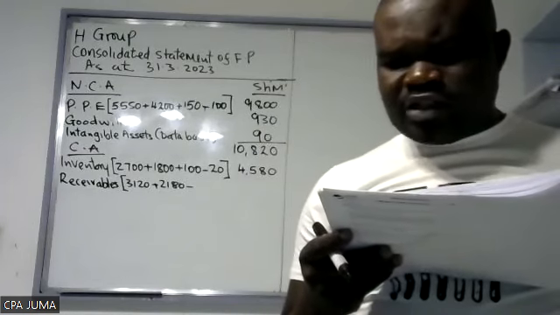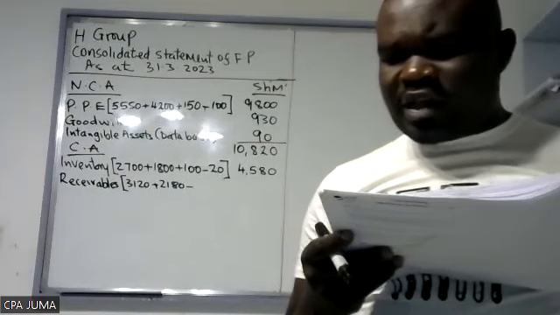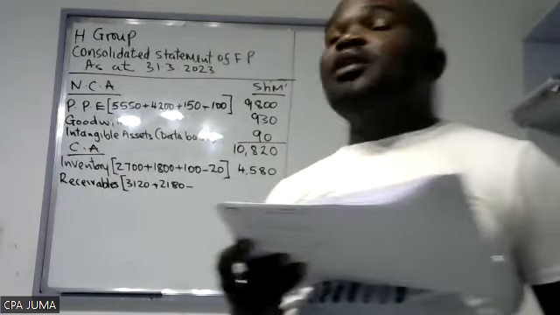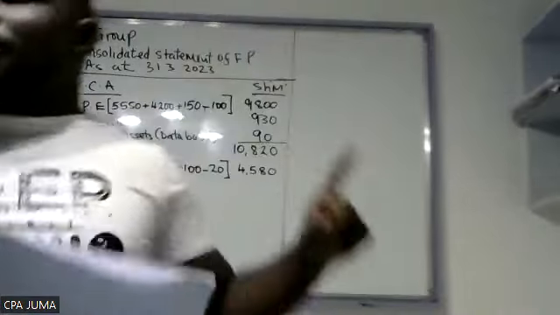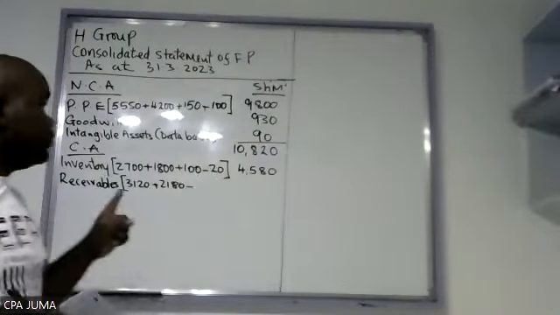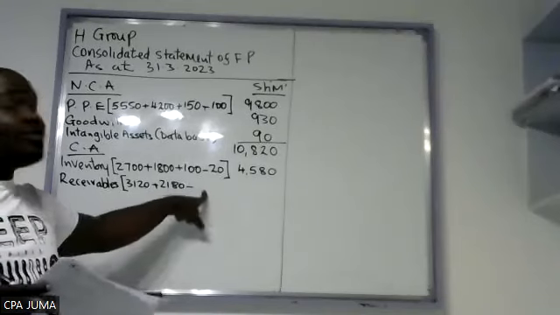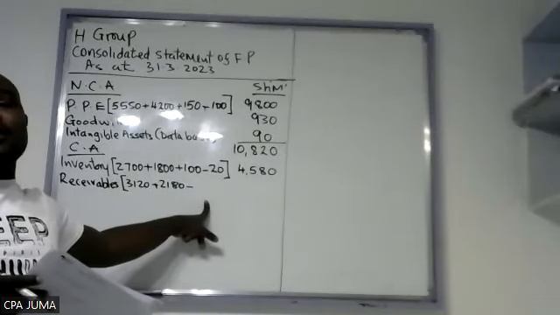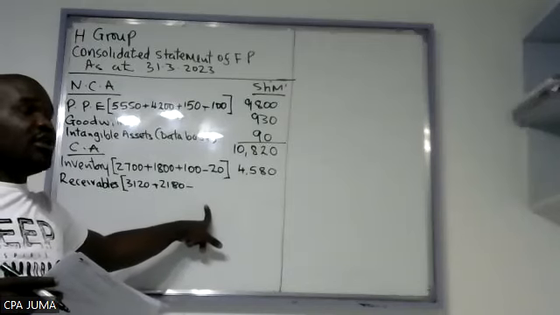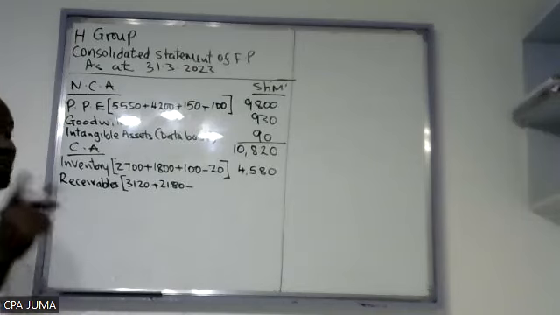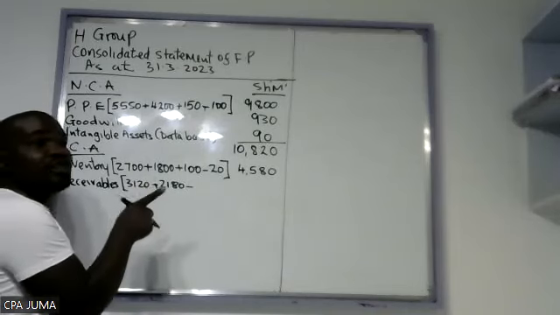As of 31st March, the trade receivables of H Limited included 600 million due from S Limited. So in the receivables, I don't know whether to separate the two or subtract the entire 600. But now I don't know whether to separate, because within that 600 there is 100 in transit.